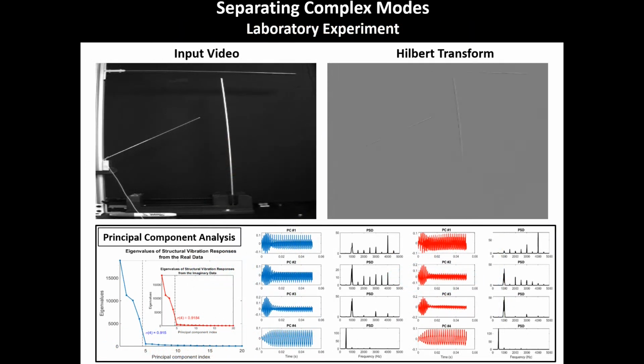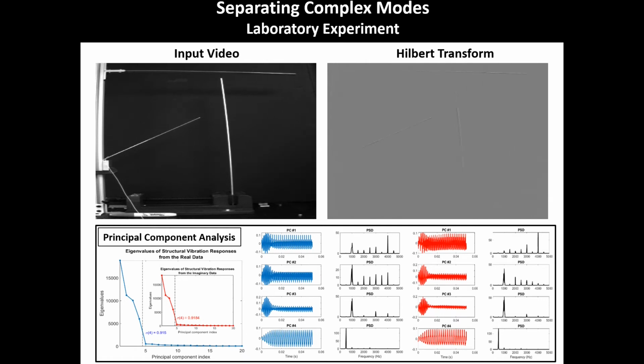Finally, the last result comes from a laboratory test. In this case, our goal was to demonstrate that since the Hilbert transform provides an imaginary set of data that is somewhat related to the phase information, our technique should be capable of decomposing vibration motion for multiple structures across the same video.